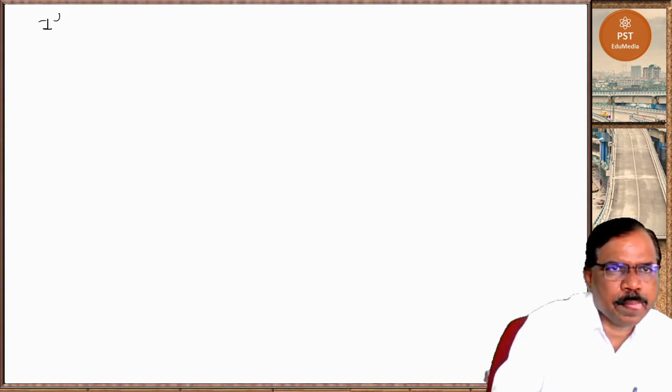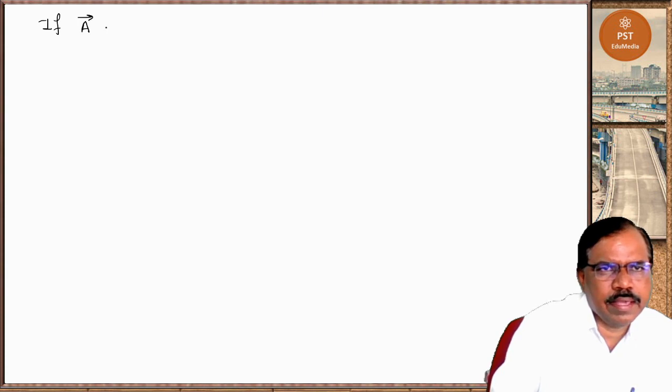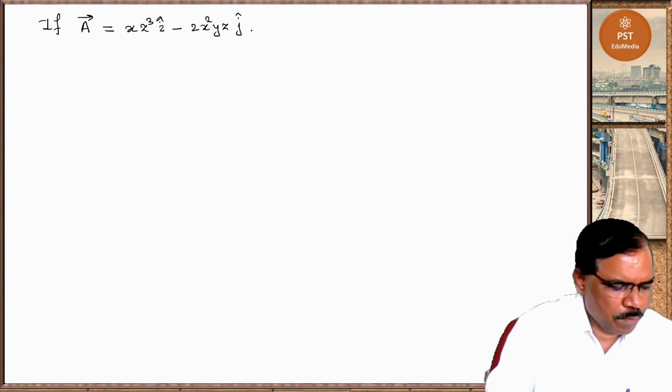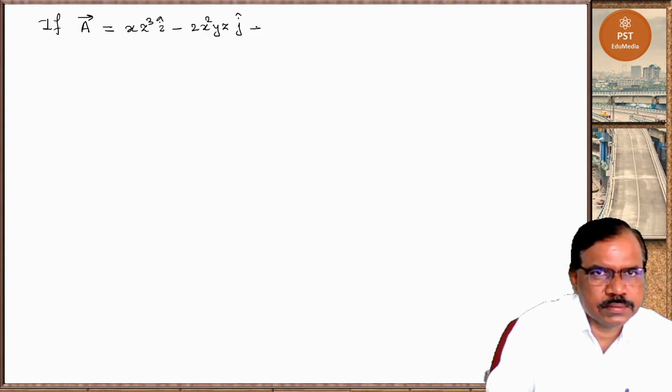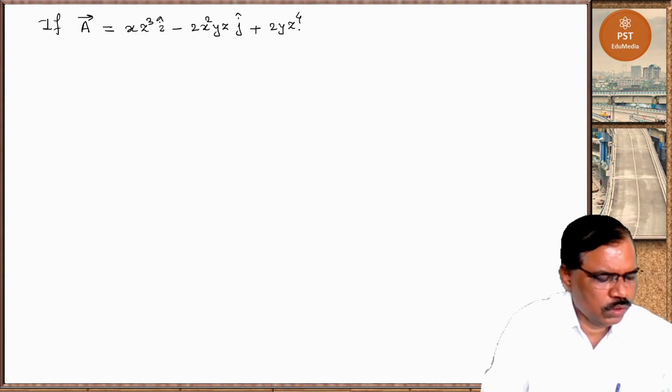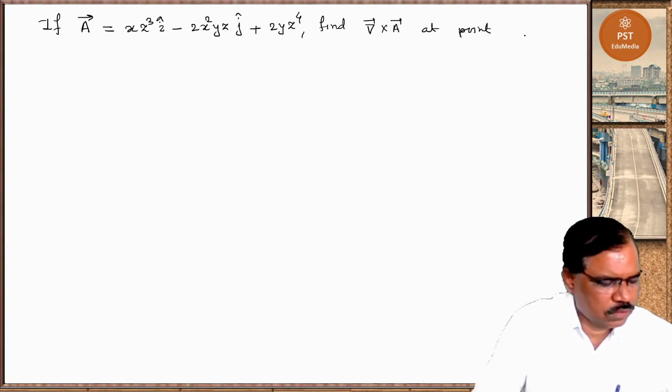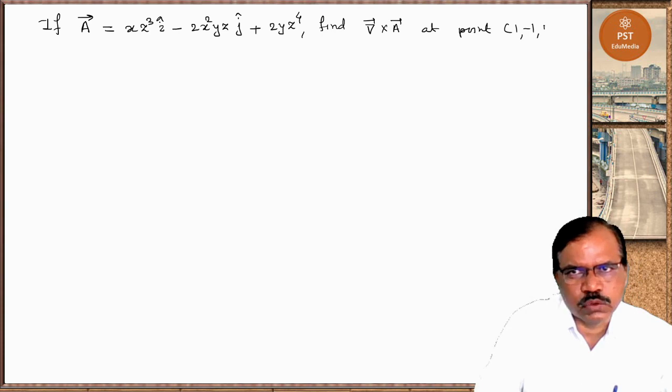If A is equal to x z cube i minus 2 x square y z j plus 2 y z raised to 4 k, find del cross A at the point (1, minus 1, 1).